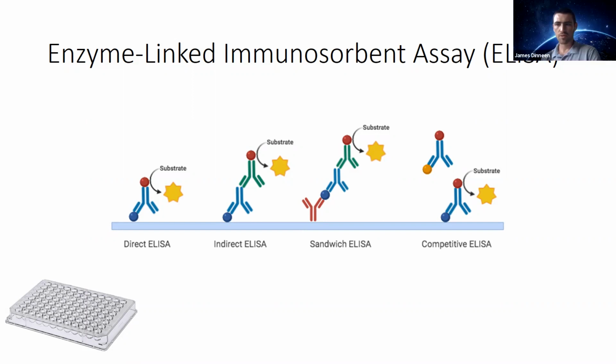Can you explain the reason for the sandwich ELISA? Yeah, so the logic here is that rather than having the antigen coat the plate, it would be an antibody that coats the plate, and this would just give you more specificity because the antibody would only bind to the antigen, whereas there may be additional antigens present if you're just coating the plate with some kind of a cell lysate sample.